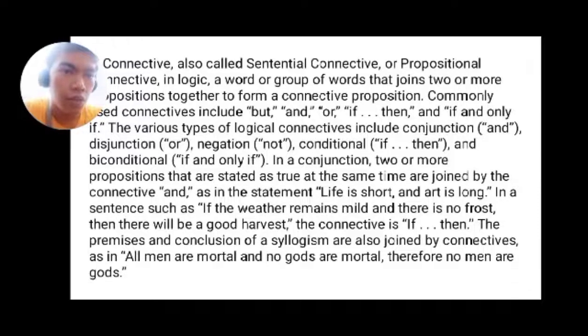So in a conjunction, two or more propositions that are stated to be true at the same time are joined by the connective and, as in the statement, life is short and art is long. In a sentence such as, if the weather remains mild and there is no frost, then there will be a good harvest.